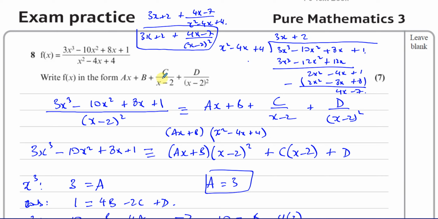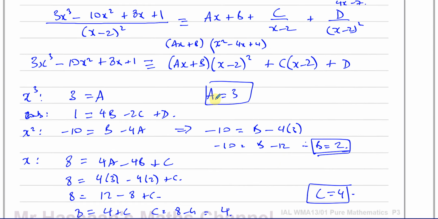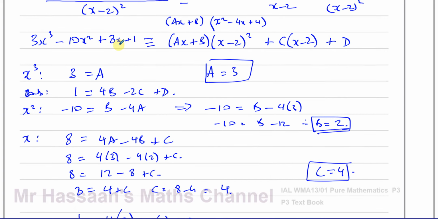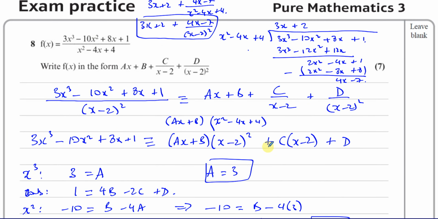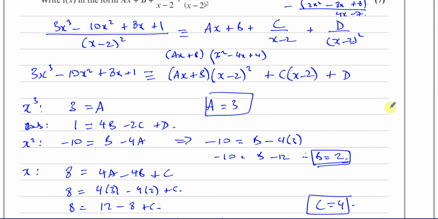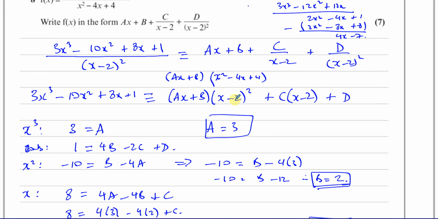That's why the way that's related to P3 in answering this question is to set up an identity as I've done here, and then use recognition. We could have done things in another way. I could have, for example, substituted x equals 2 into all of this, and I could have found d straight away, because these both would become 0.